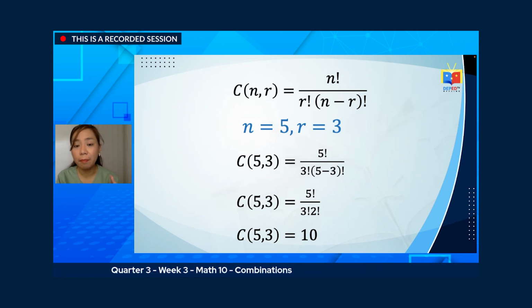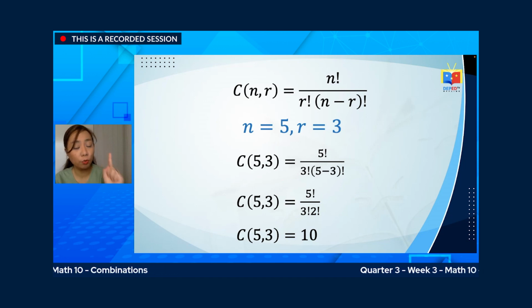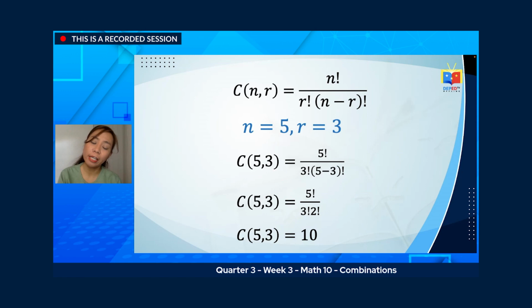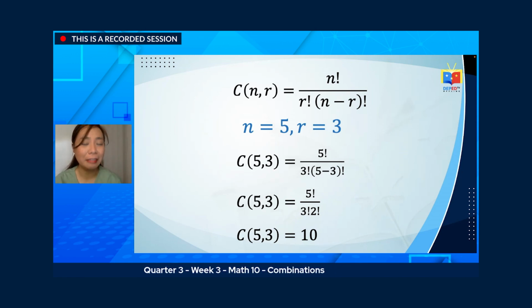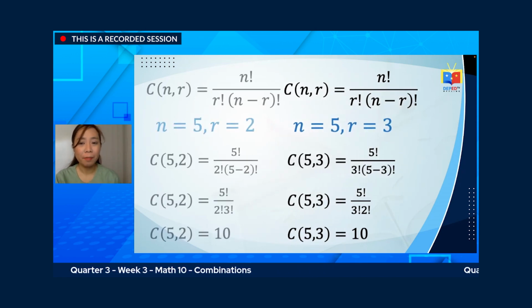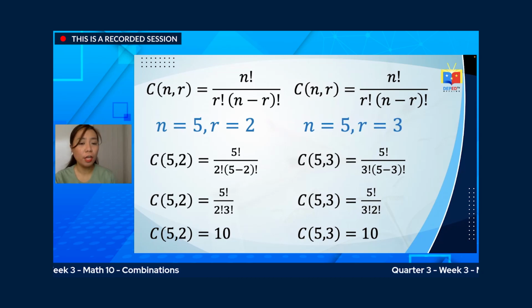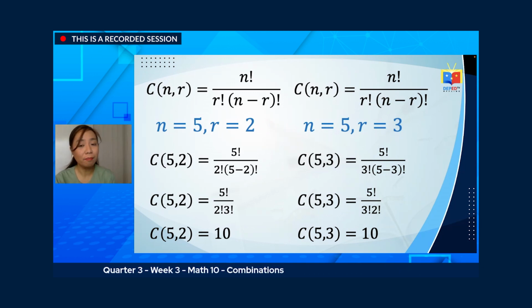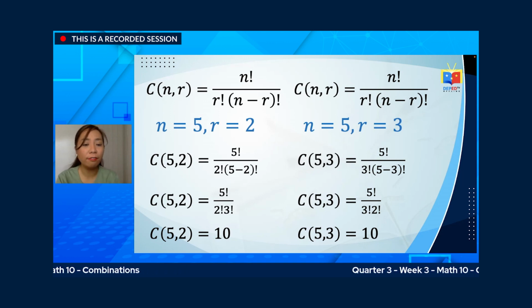This is also the same as 5 factorial over 3 factorial 2 factorial. When you expand and solve or use your calculator, you'll be able to get 10. So since we have them both, you can see here that C with n equals 5, r equals 2, and C with n equals 5, r equals 3, have the same answer, 10.